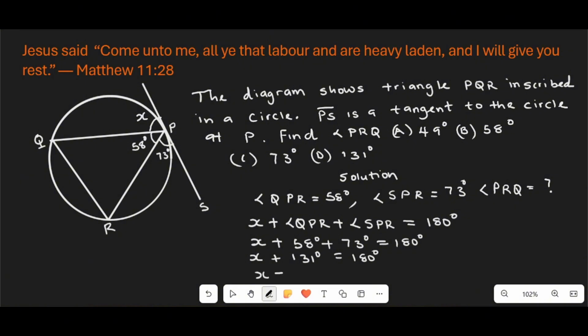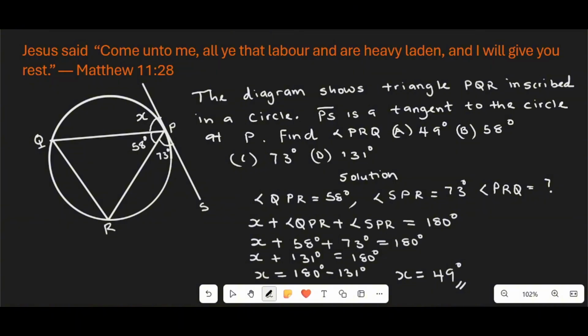X equal to 180 degrees minus 131 degrees, and X equals 49 degrees. So the value of our X, which is this angle, is 49 degrees.